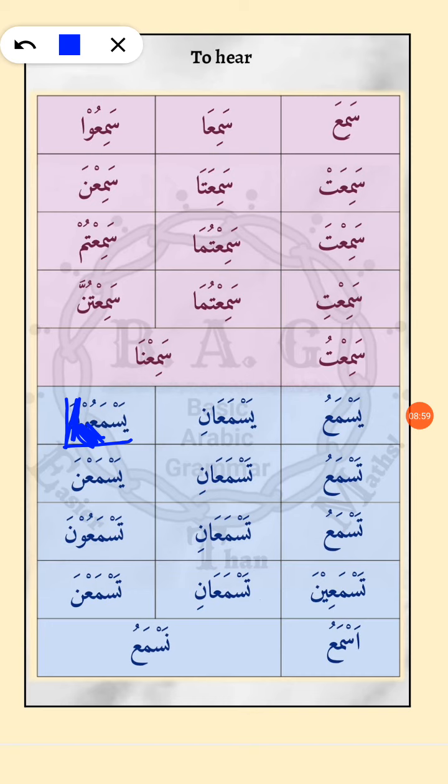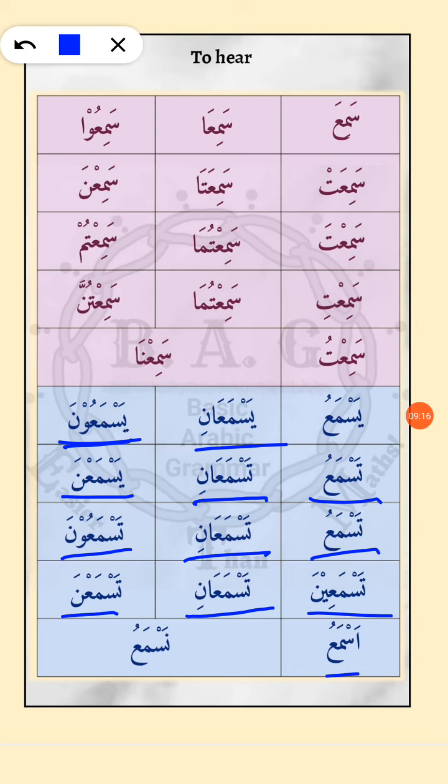So yasma'u, yasma'ani, yasma'una, tasma'u, tasma'ani, yasma'na, tasma'u, tasma'ani, tasma'una, tasma'ina, tasma'ani, tasma'na, asma'u, nasma'u.